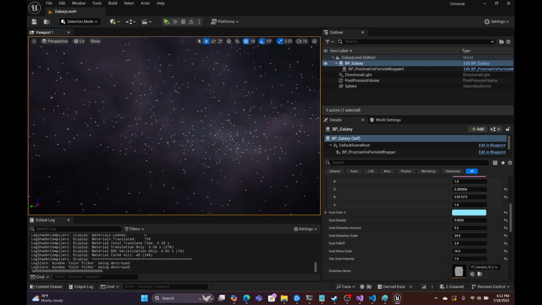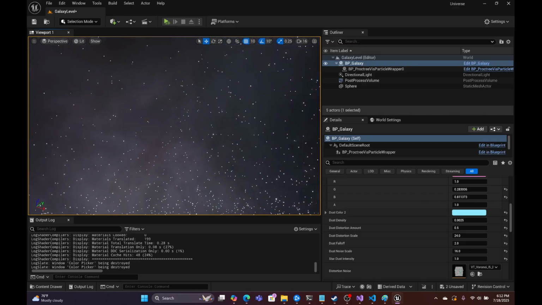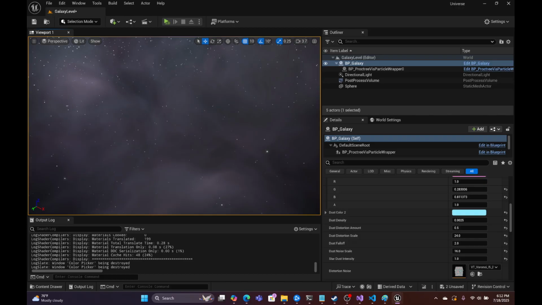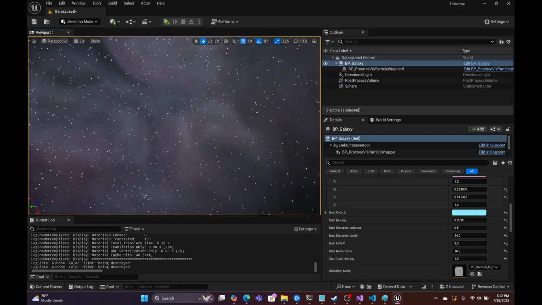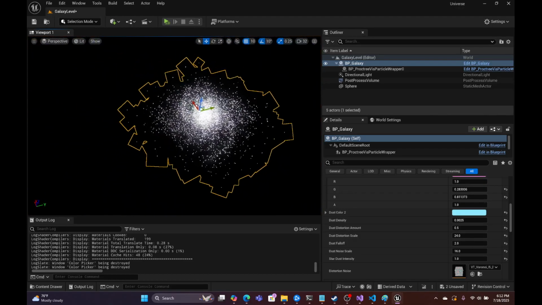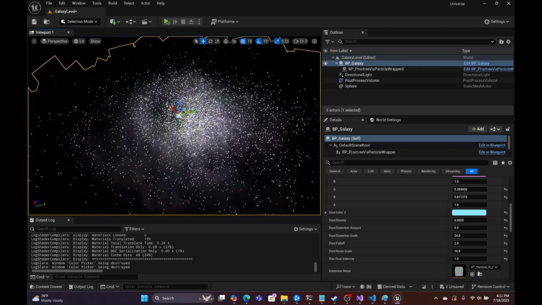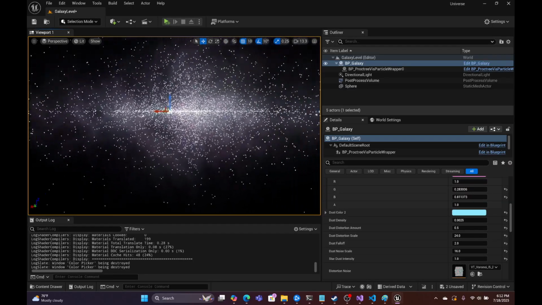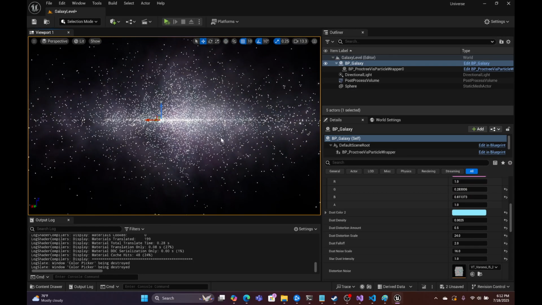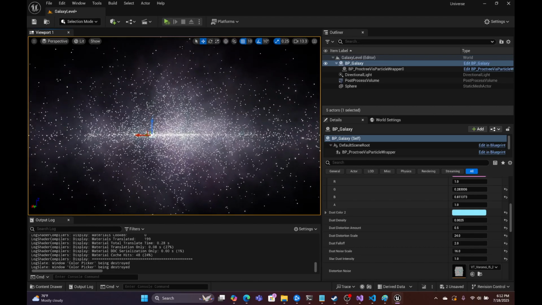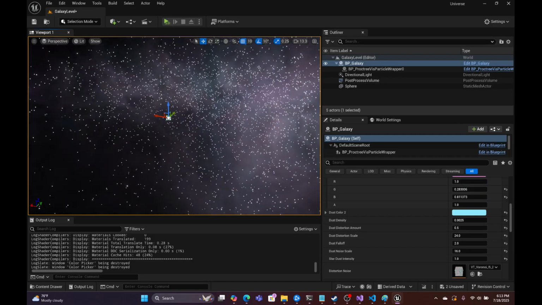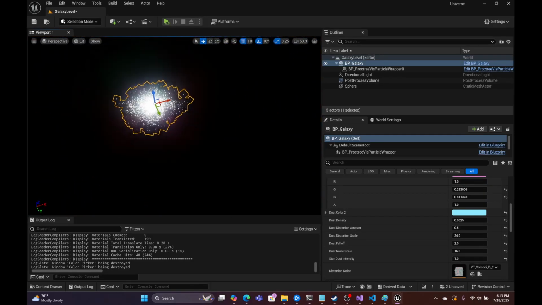Yeah, there we go. So all this has to do is be attached to a correctly scaled parallax root. And you've got a galaxy.